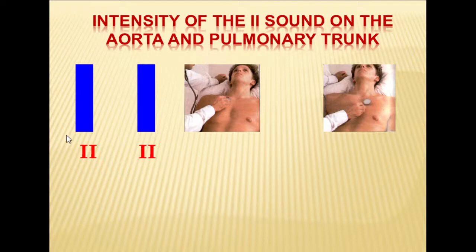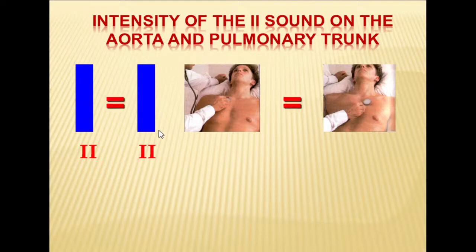And when we ask you to auscultate the heart base, you must compare the aorta and pulmonary trunk. Your conclusion must be about the intensity of the second sound over the aorta and pulmonary trunk, which normally must be the same.